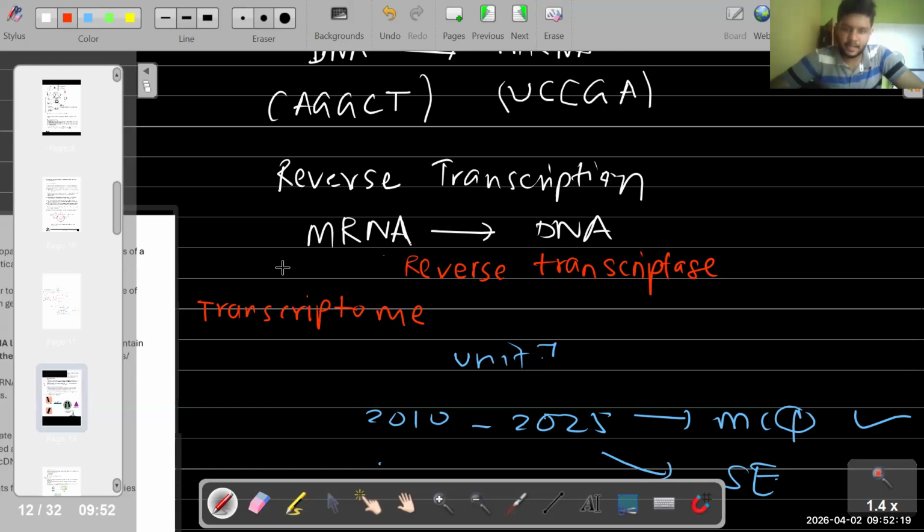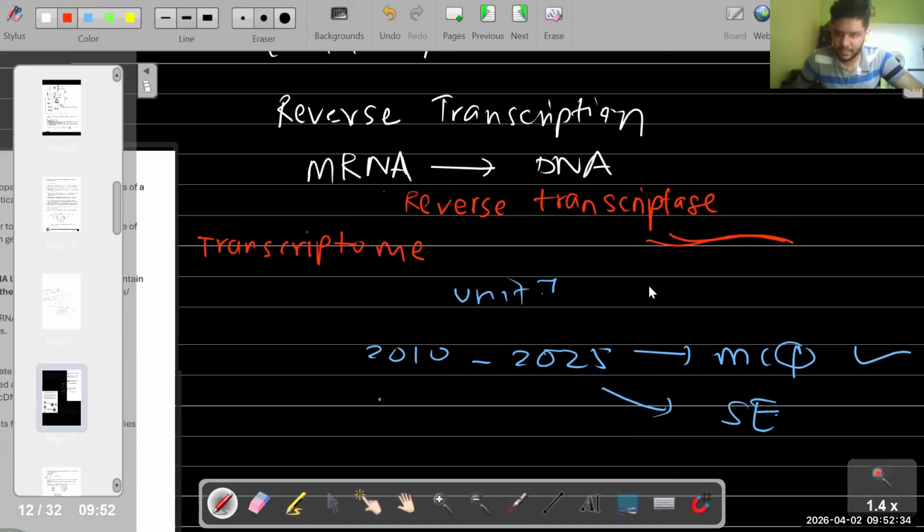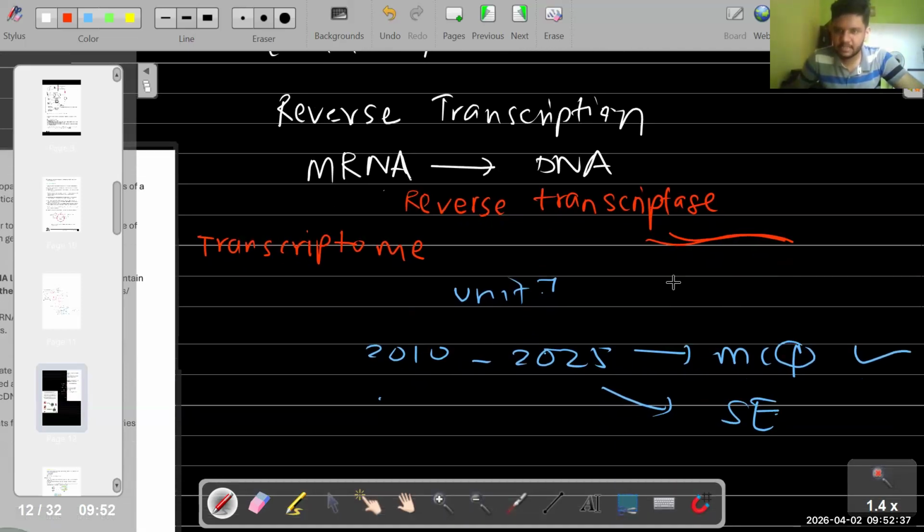The single stranded mRNA is reverse transcribed to produce a double stranded DNA or single stranded DNA. Just think this is an RNA, mRNA. Now I'm copying this, or a complement of it is produced, which is a DNA. Will the DNA come as a double stranded one, like this?